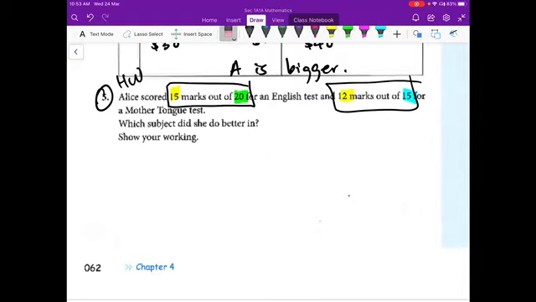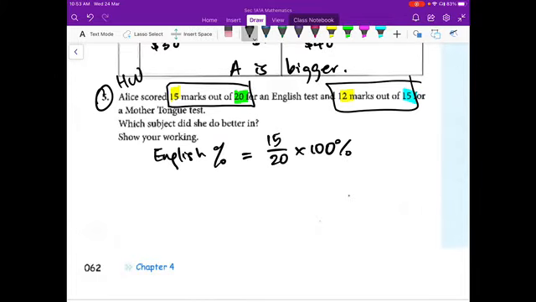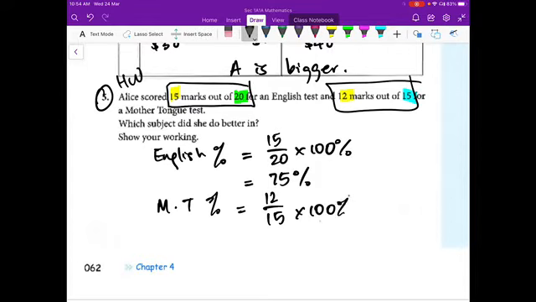Okay, now, in English, percentage equals 15 out of 20 times 100%. So we get 75%. Wow, that's very good. Now, mother tongue percentage. 12 out of 15 times 100%. 80%.